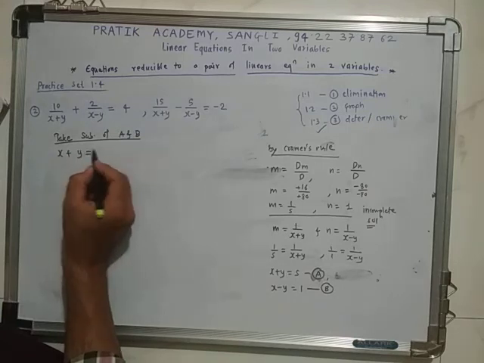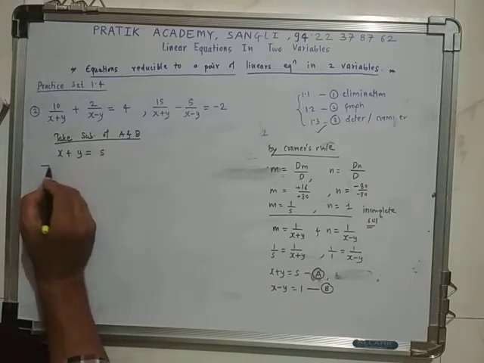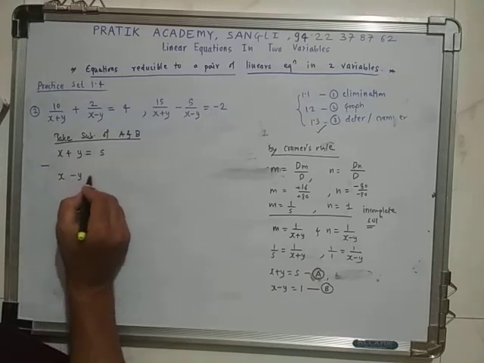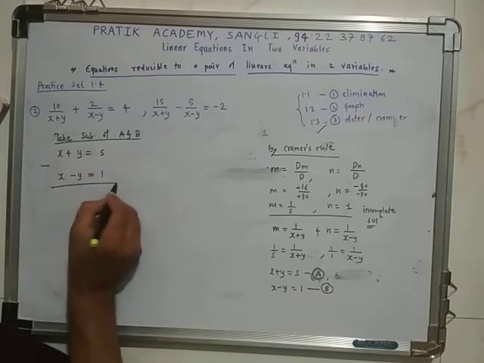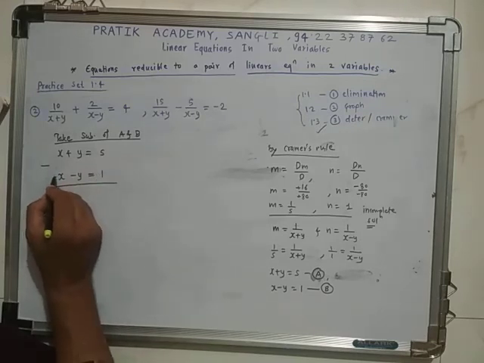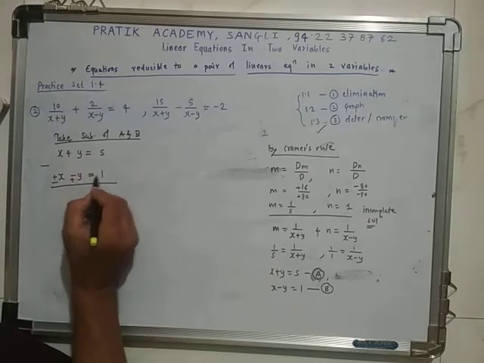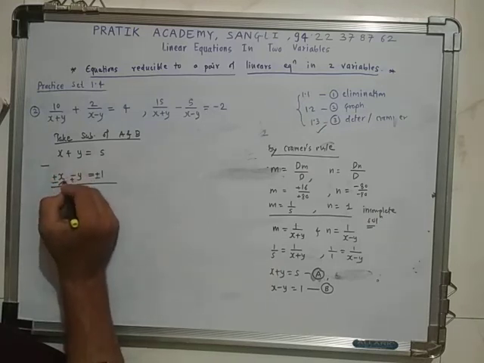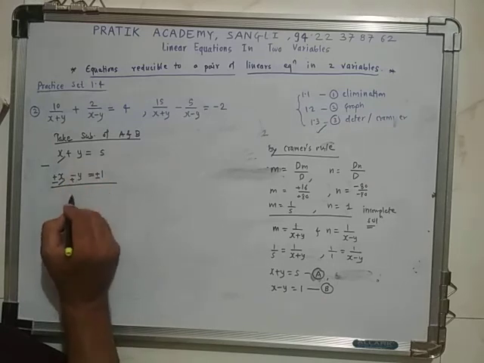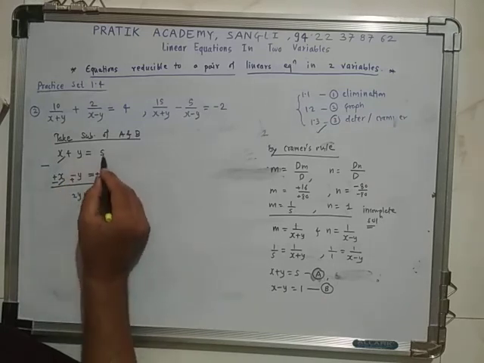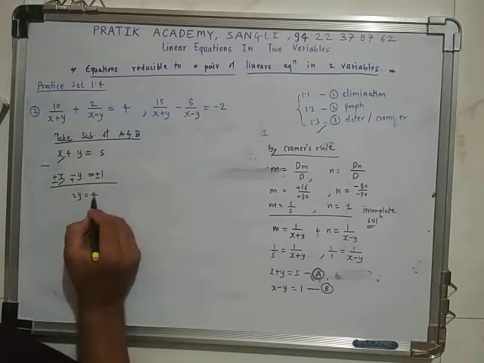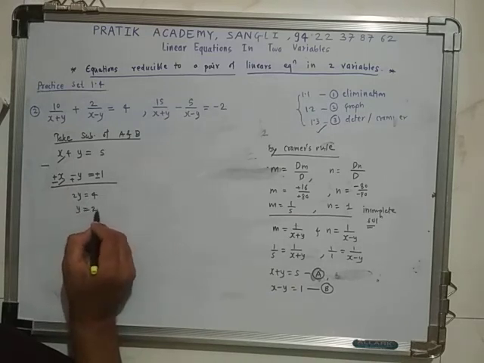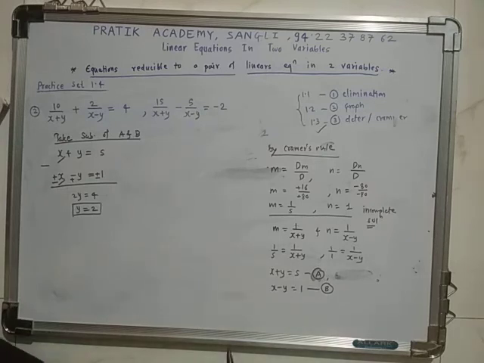So x plus y is equal to 5 minus x minus y is equal to 1. So doing subtraction, first change sign, plus become minus. So x minus x gets cancelled here, y plus y is 2y, 5 minus 1 is 4, so y is 2.